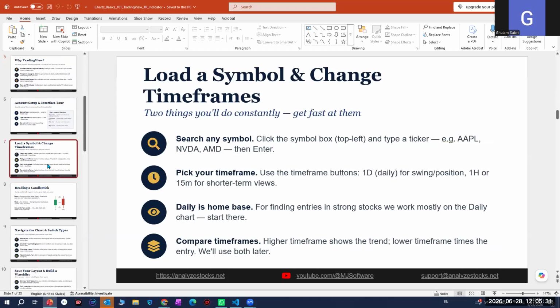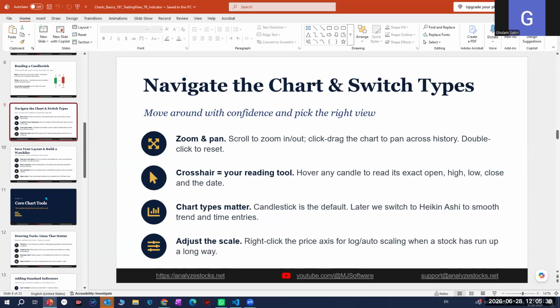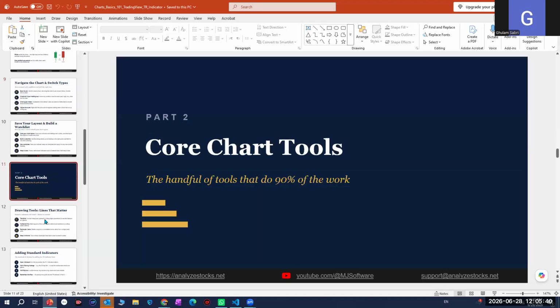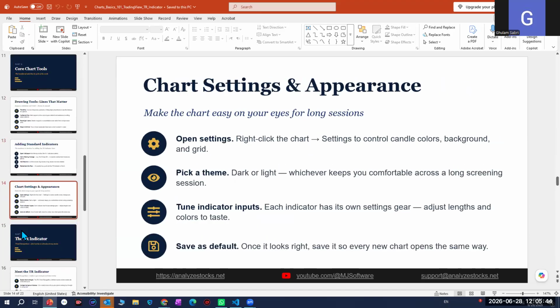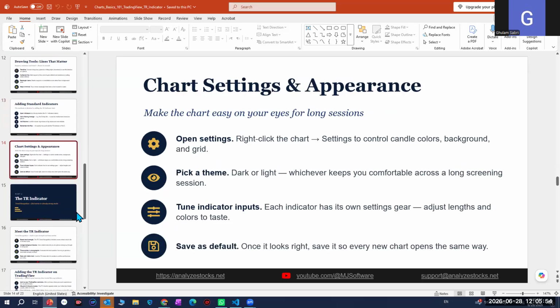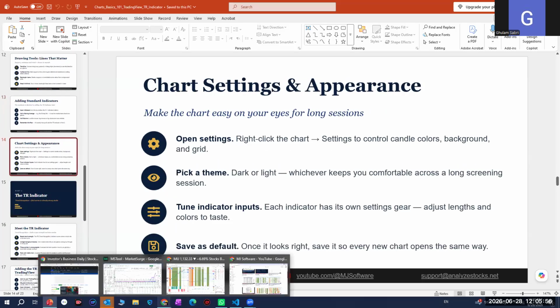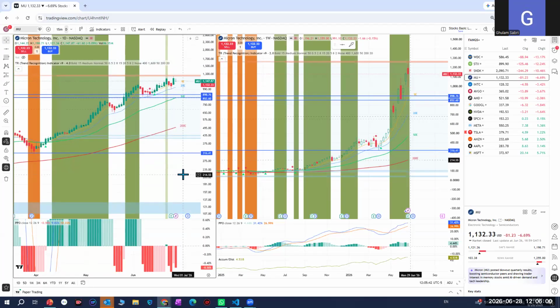We explained candles, how to navigate the chart and switch types, zoom and crosshair, and the core chart tools, trend line, horizontal lines. We explained how to open indicators and add indicators like PPO and others, and chart settings. Some people like to use a white background like me, some don't.